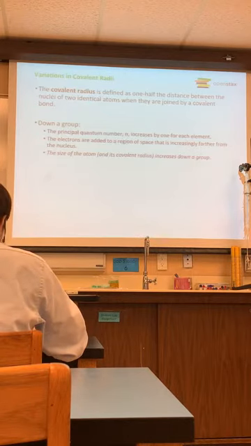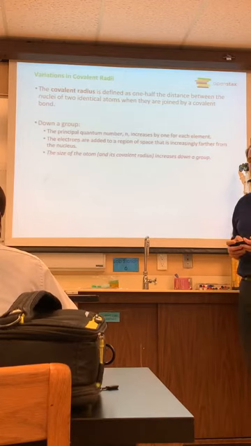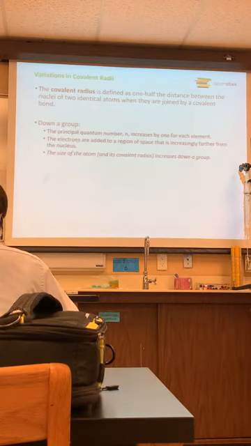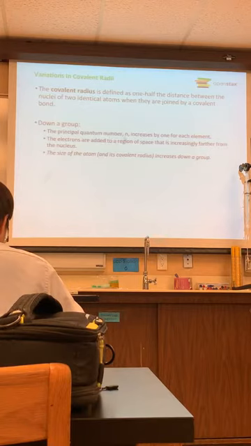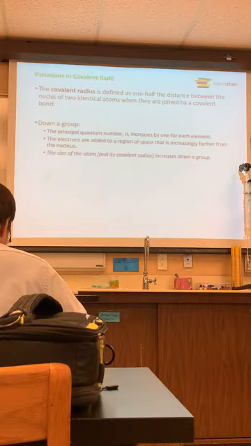Whenever we go down a group on the periodic table, a group being a vertical column, the principal quantum number, that n, is going to increase by 1 every time we go down. That means we get electrons that have more energy, and more energy means they're further away from the nucleus.